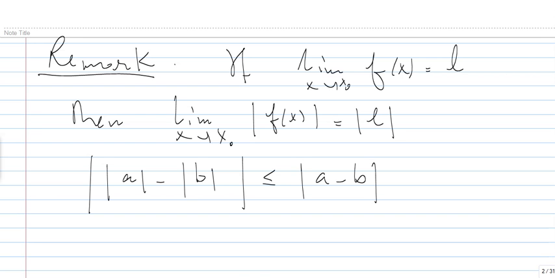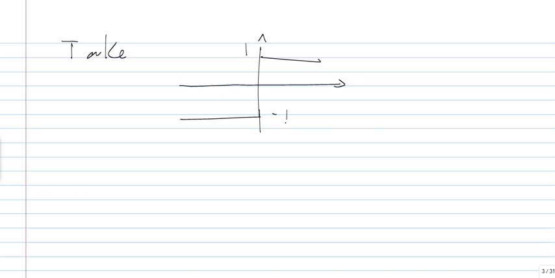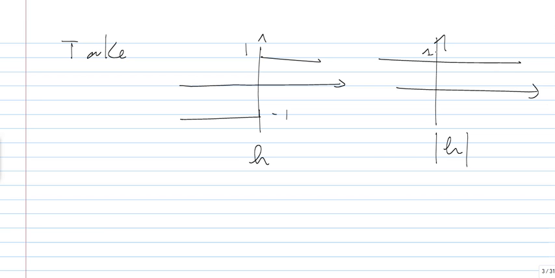Note that, by the way, the converse is not true. Take this function, which is 1 here and minus 1 here, at 0. Let's call it function h. The absolute value of h will give me 1 all the time.